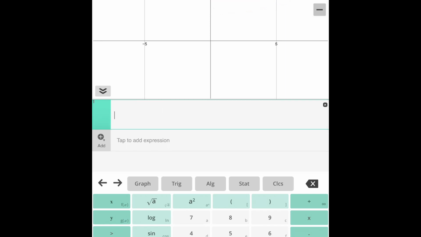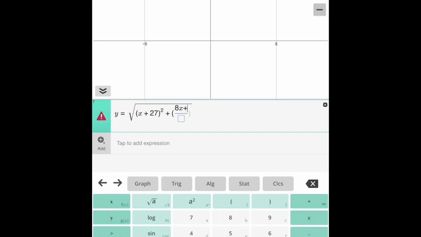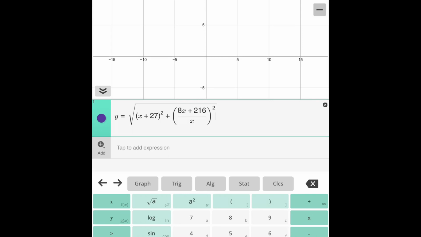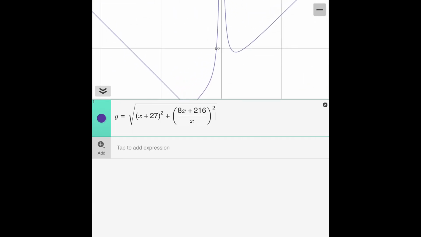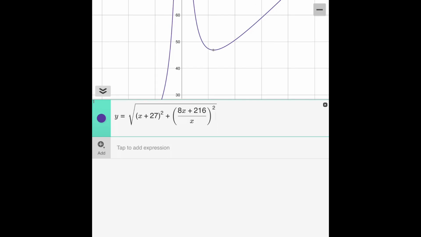Okay, and once again, now that we've written the equation, we could find the derivative of that and set equal to 0 and solve, or we could just try to graph it. So y equals the square root of (x + 27) squared plus (8x + 216) divided by x squared.